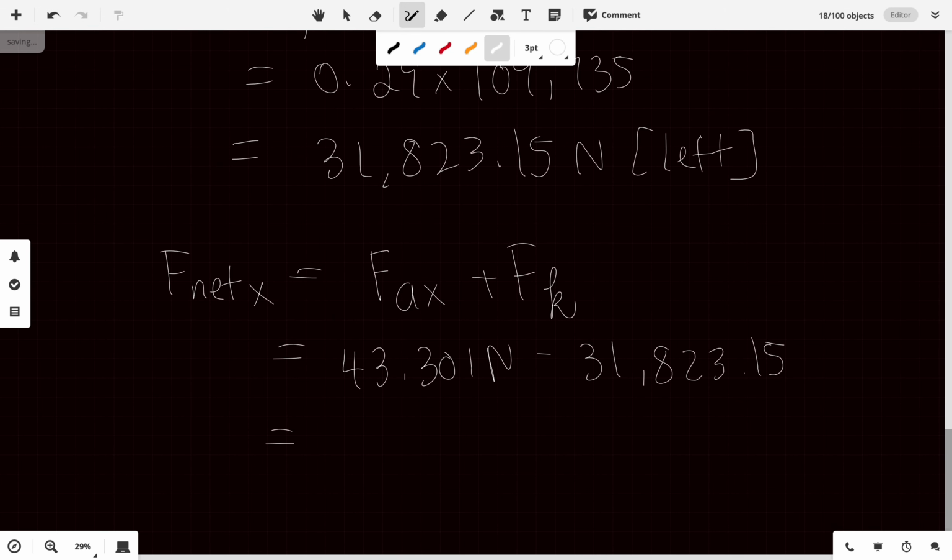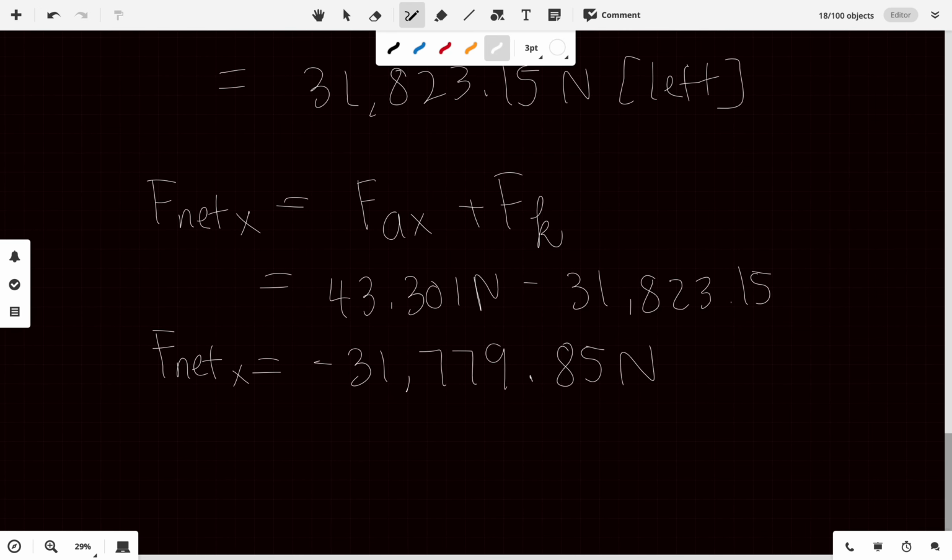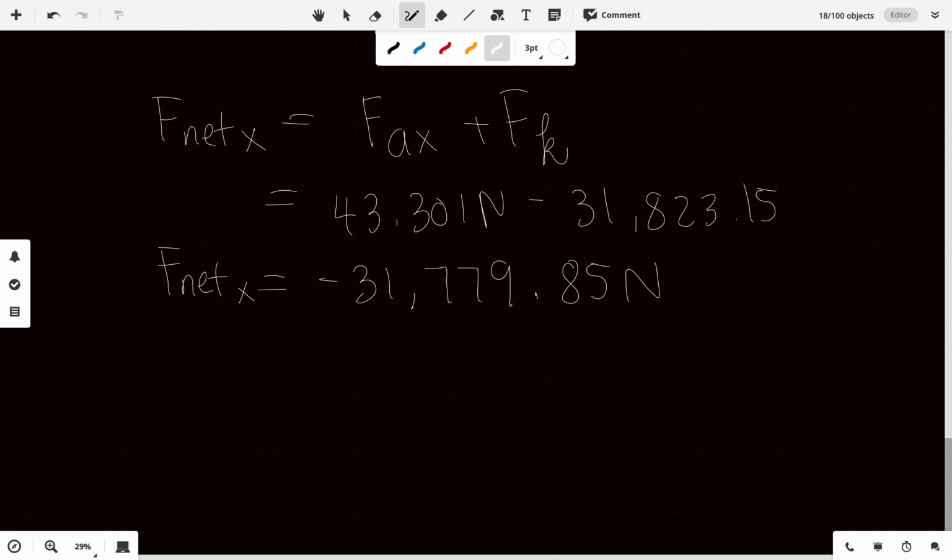When I simplify this, I get Fnet x to be minus 31,779.85 newtons. Also note that I'm not rounding everything, and we'll round it to the number of significant digits later.